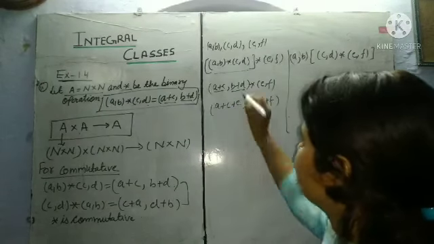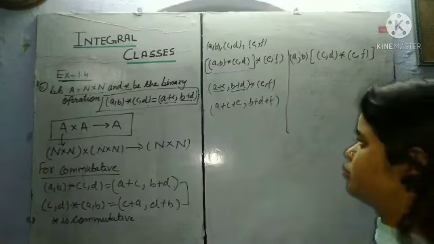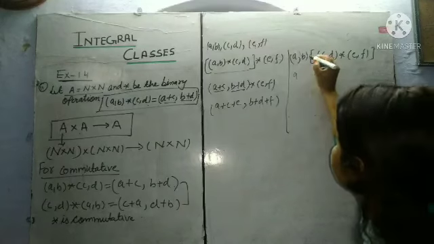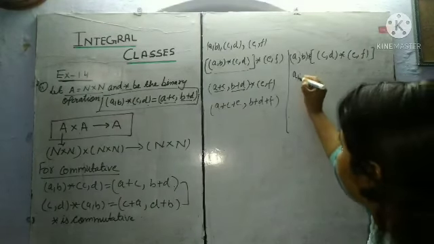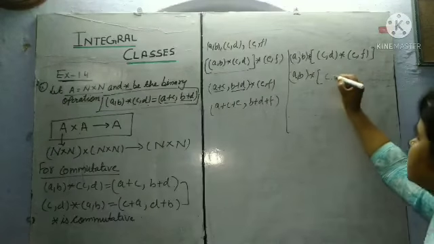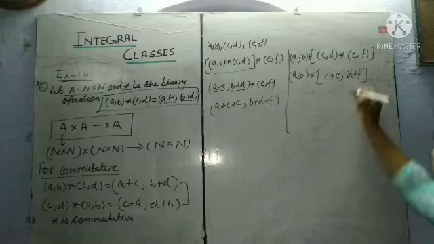Now this works like a pair, suppose capital A and capital B. Now on the other side we get (A, B) star, and the value of this is (C plus E, D plus F).